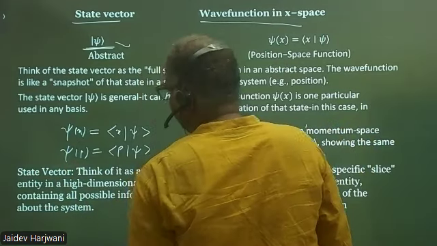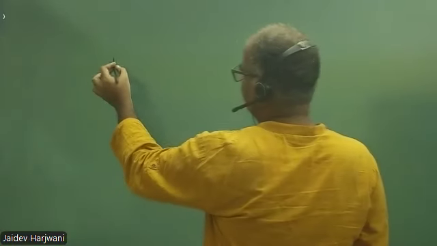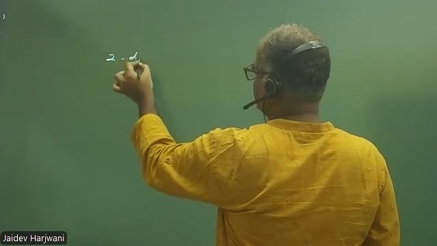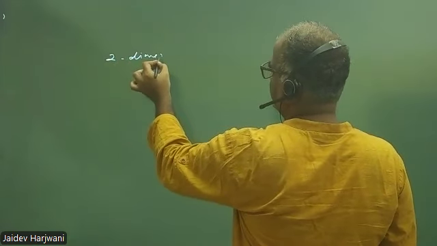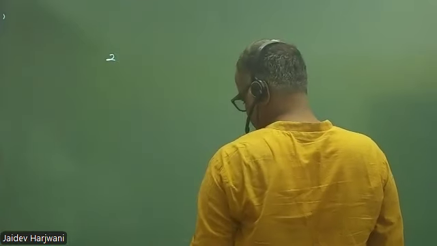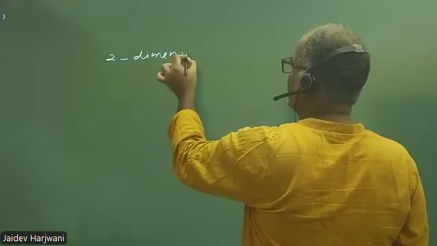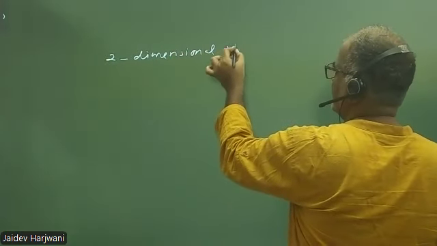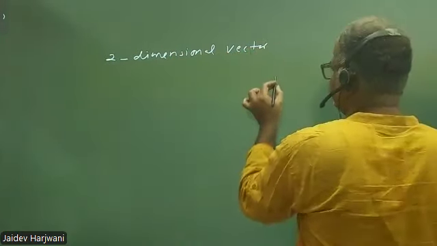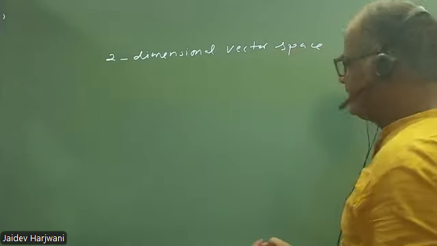Let me discuss this notation with an example. Say I take a two-dimensional real vector space, which is called Euclidean space.